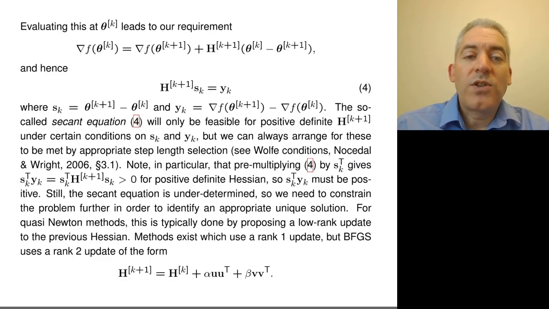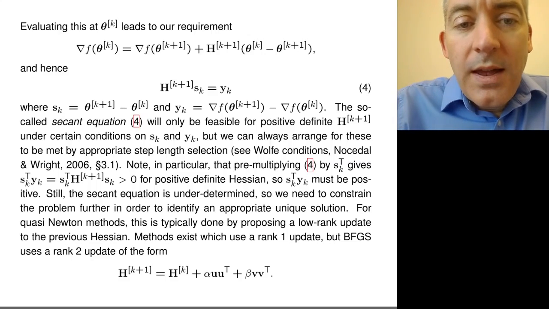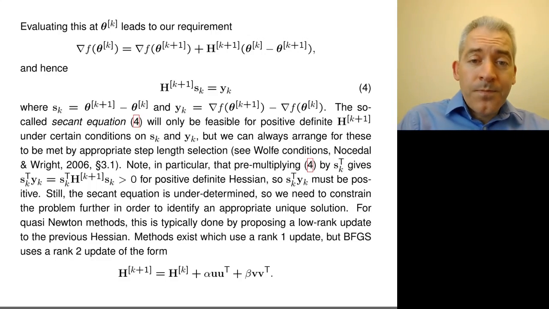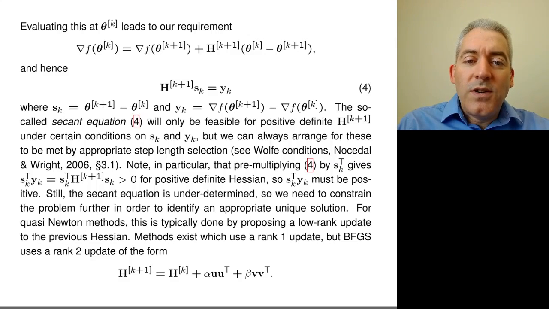There is a question about whether we can ever do that for a sensible positive definite H, and if you look at the degrees of freedom, usually you can, but there are some conditions on S and Y that you need in order to be able to do it. We're glossing over those, but you can look them up if you need to know.